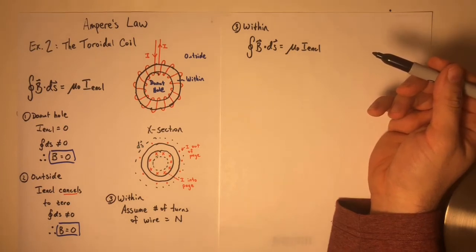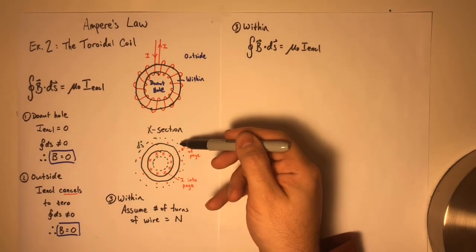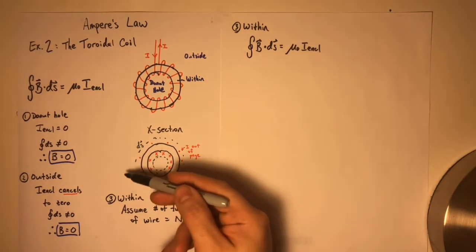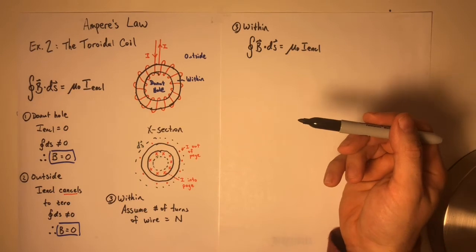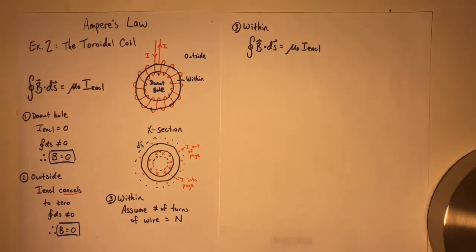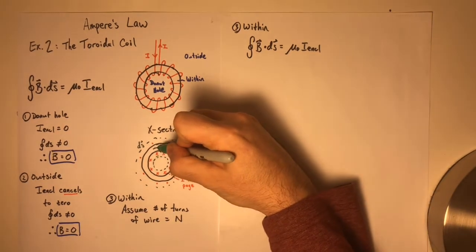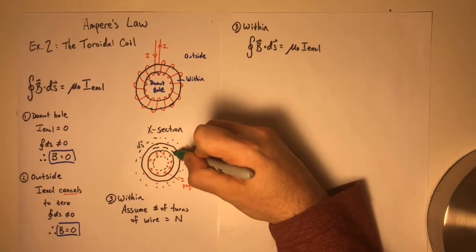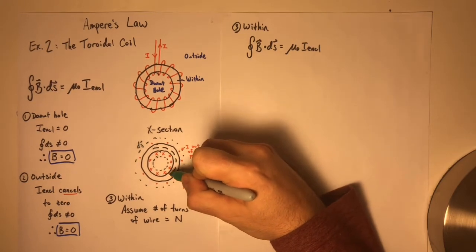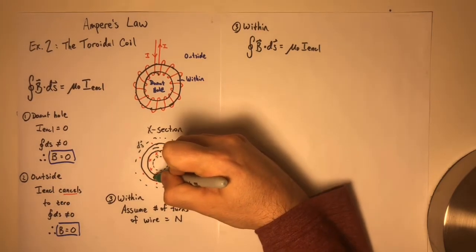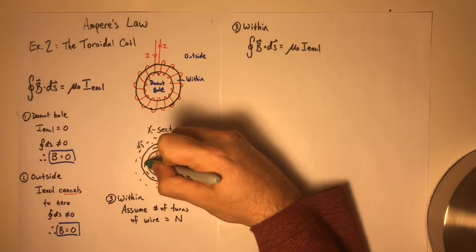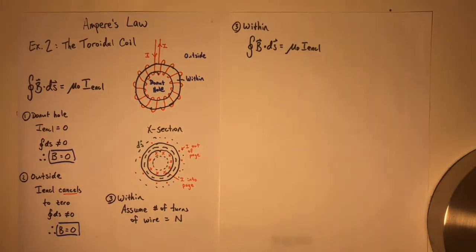The next step, of course, is to think about the symmetry. As you can see from this cross-sectional diagram, there's clearly, once again, some circular symmetry going on. So it makes the most sense to choose as our Amperian loop some path inside here that simply goes in a circle around the ring.